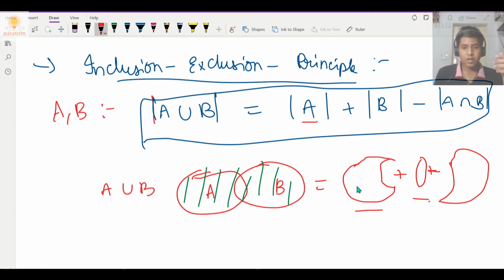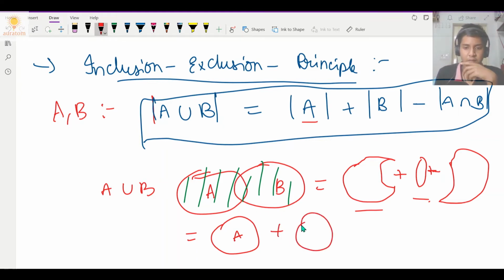And now let's write it in more clear terms, in terms of sets. Let me just show you how. Now let's take this whole part which is A, and let's take this whole part from B. And in order to make this whole part and this whole part equal to A union B, we need to subtract this part from these two, right?